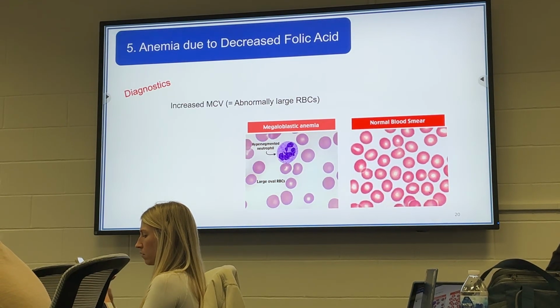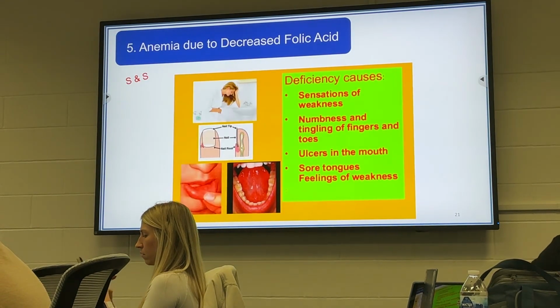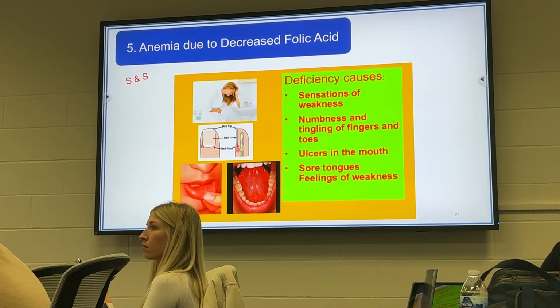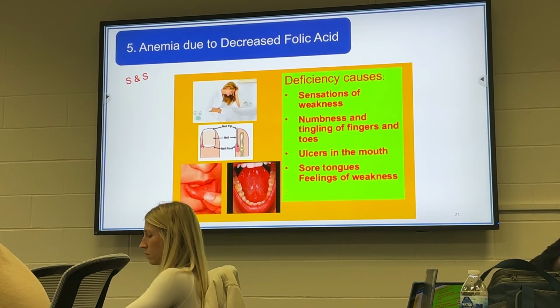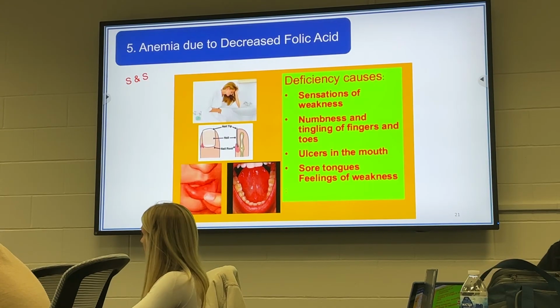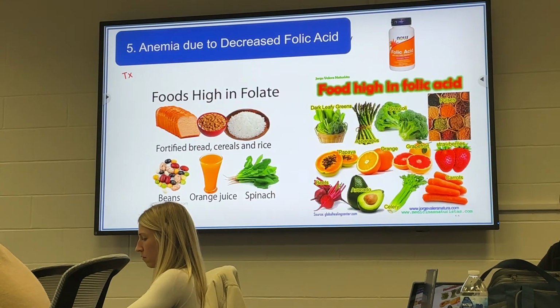The sizes of red blood cells go with this one. This one I would probably differentiate, kind of mark your symptoms with this one. As you can tell, they're more neurovascular symptoms that the patient experiences with this one. Because that's what caused it, promoting increased folic acid in your diet.